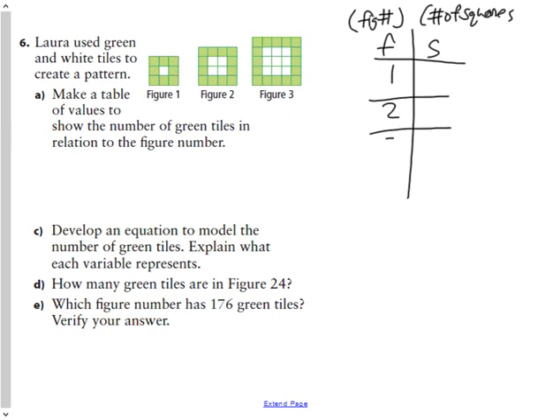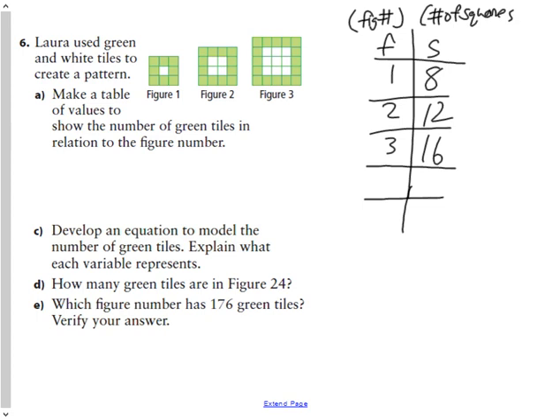So figure 1, 2, and 3. Okay. Now what I'm going to do here is do it a little bit differently because I'm going to show you how it would be presented maybe in a test. Make a table of values for the green squares to figure number. So the first one has 8 squares. The next one has 12 squares, and the third one has 10 plus 6 is 16 squares.